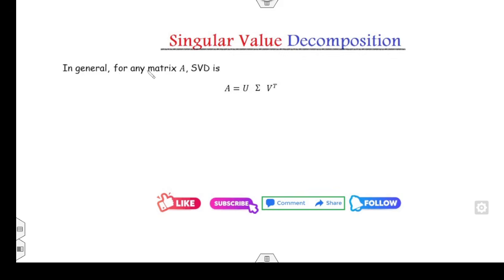In general, we have a matrix A, and we can write the singular value decomposition as U sigma V transpose. Our target is to know the physical significance of U, the physical significance of sigma, and the physical significance of V transpose, or the matrix V. What is the physical significance of these three matrices?